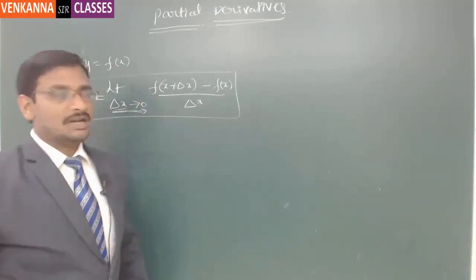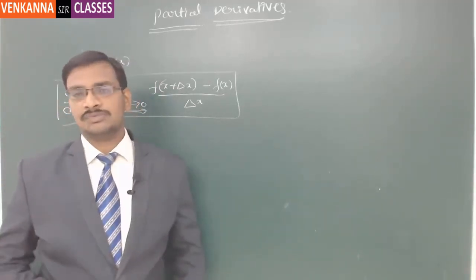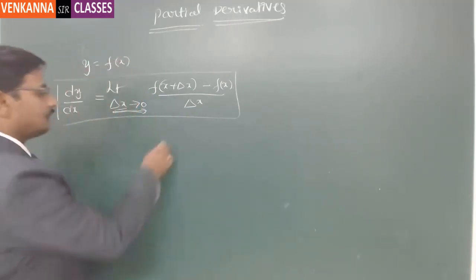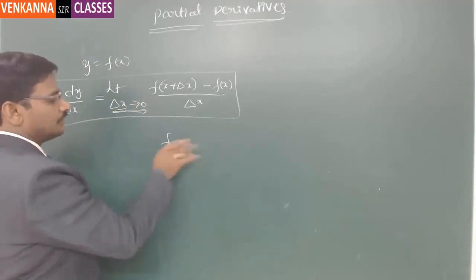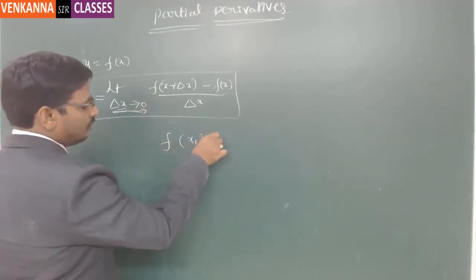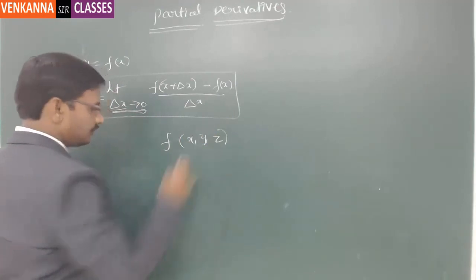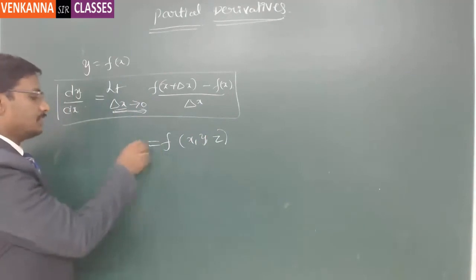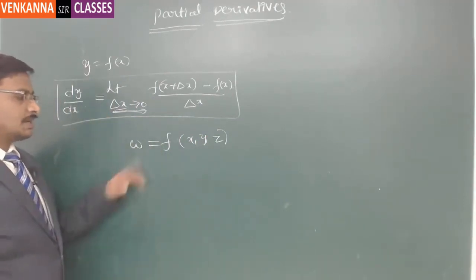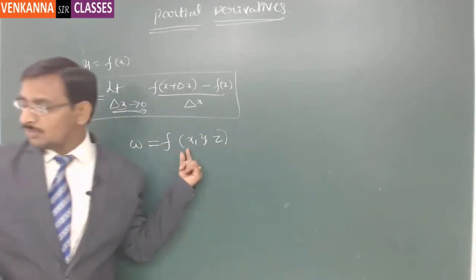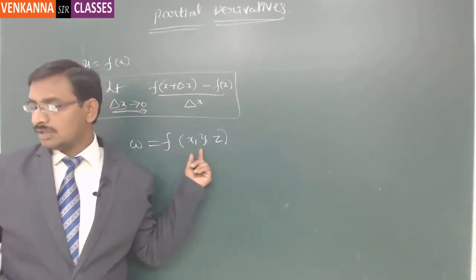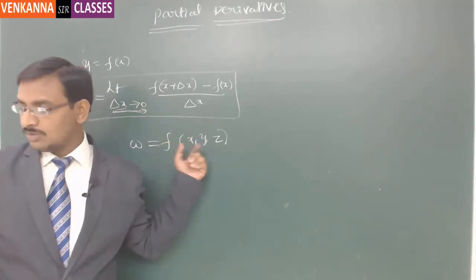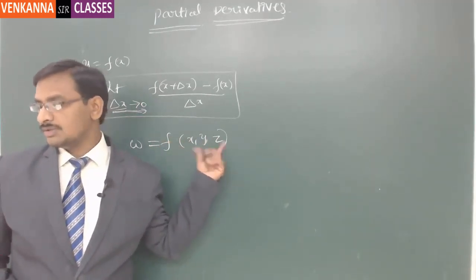Now the partial derivative is nothing but a little extension to that. Take a joint family where multiple people are there. Suppose I have a function f of x comma y comma z, and there are multiple people involved. Suppose I call this w. Then w can change according to the variation in x, or in y, or in z.